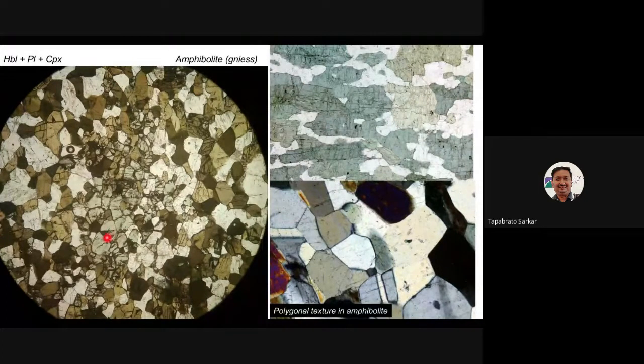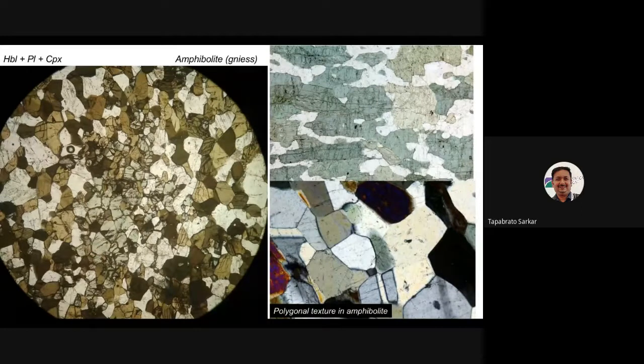And these light greenish minerals are all clinopyroxene. So this is a rock which now has hornblende, plagioclase as well as clinopyroxene, right?